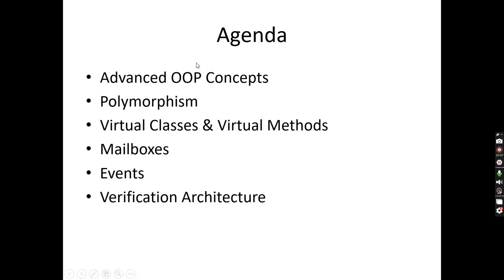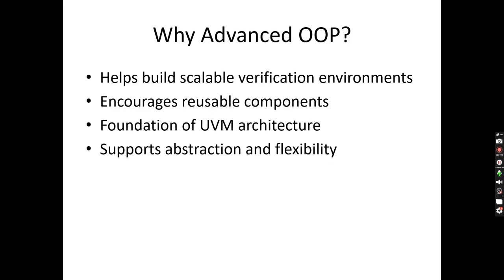Today's agenda: we are going to discuss OOPS concepts along with polymorphism, virtual classes and virtual methods, mailboxes, events, and verification architecture in SystemVerilog. So why are we going for advanced OOPS? It helps to build a scalable verification environment. As we discussed previously, whatever test bench we create should be reusable, so that it can be reused to verify almost every RTL provided by your manager.